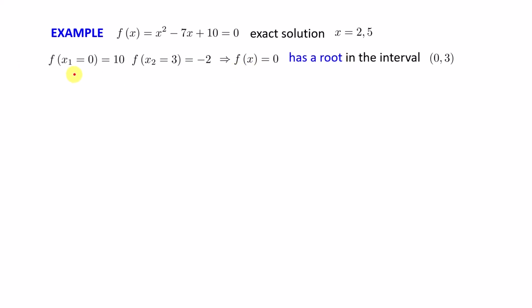So here you see that for x1 equals 0, f of x is 10, and for x2 equals 3, f of x is minus 2. So we are very sure that between 10 and minus 2, there is a point where f of x equals 0.